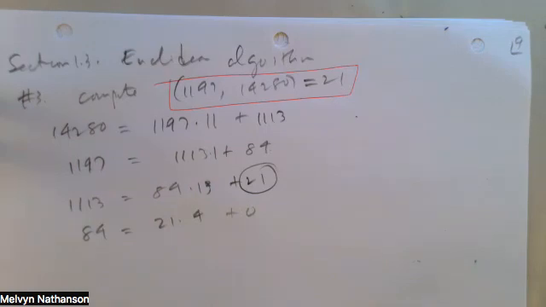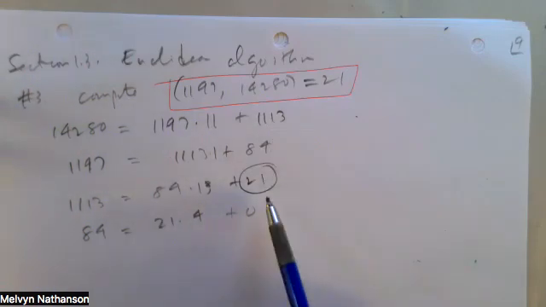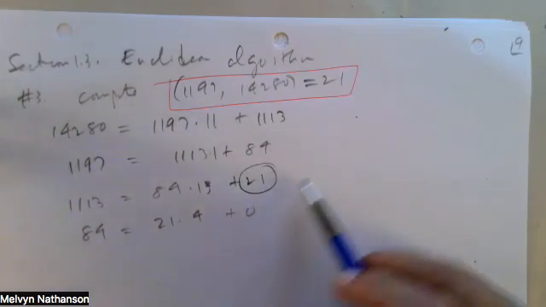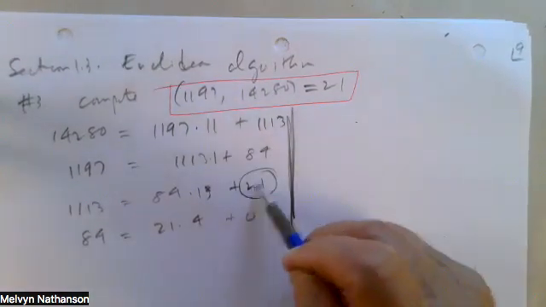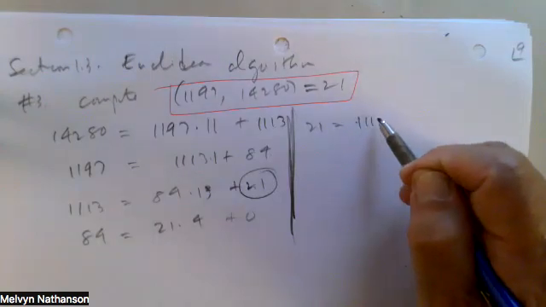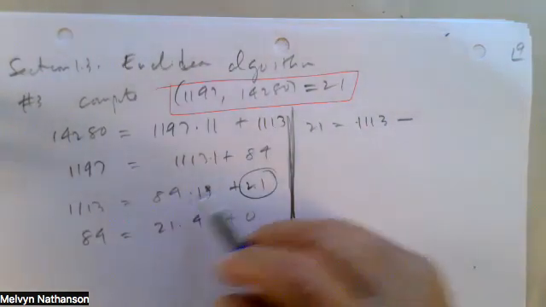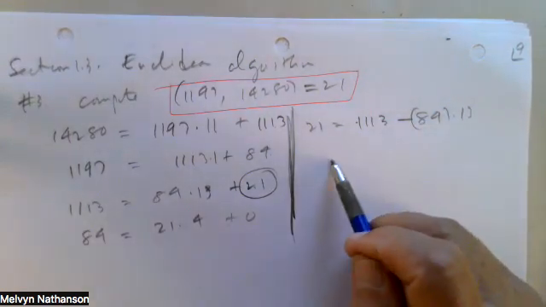And then we have to express this greatest common divisor as a linear combination of these two numbers. So we work backwards from the Euclidean algorithm. 21 is equal to 1113 minus 84 times 13.